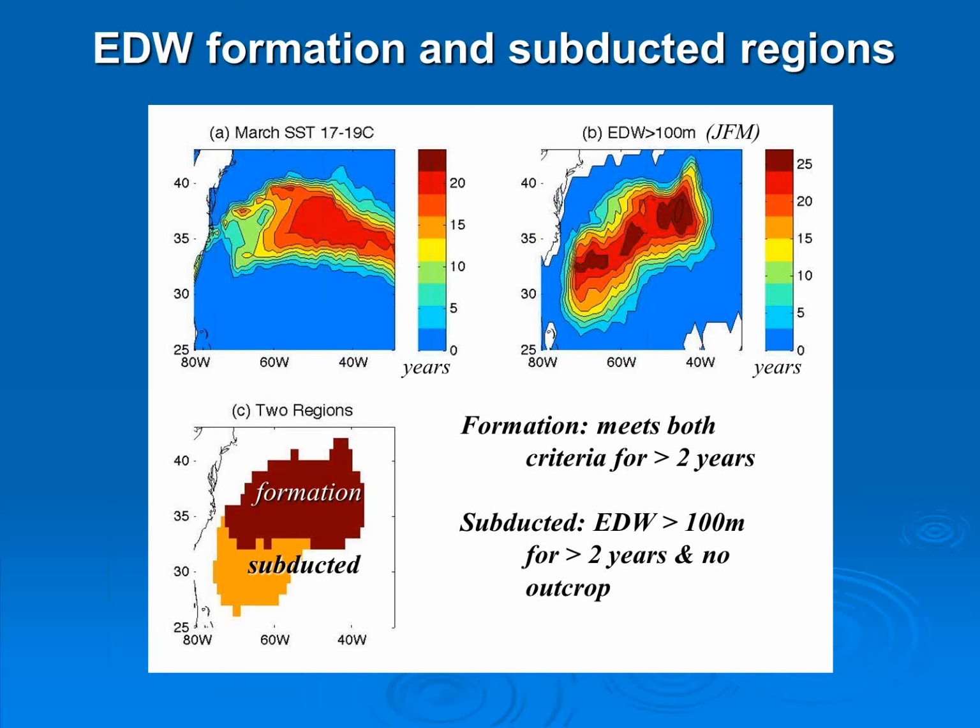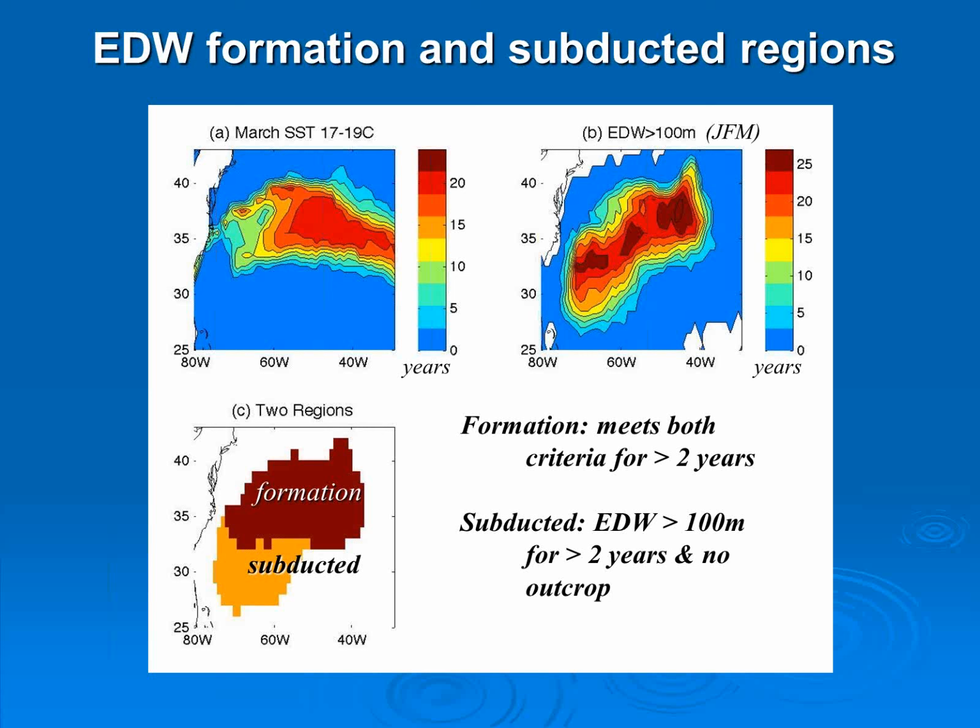You see that the outcrop is mainly confined to the northern part, and the southern part is mainly subducted from the formation region. So the overlap of the outcrop and the thick EDW is the formation region, and the southern part without outcrop is the subducted region.